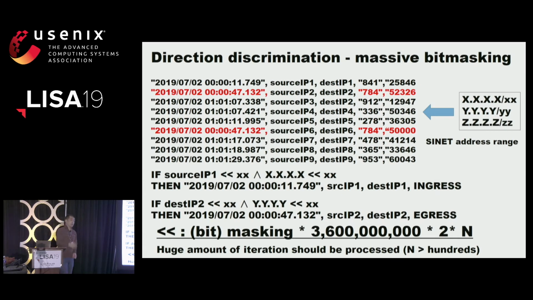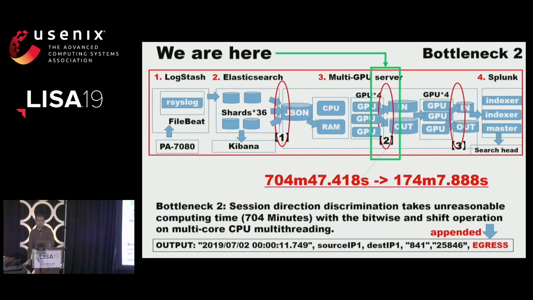If you are to adopt conventional techniques such as loop division or using OpenMP, a catastrophic situation will come. Actually, just for the bit masking operation, it took more than 700 minutes.